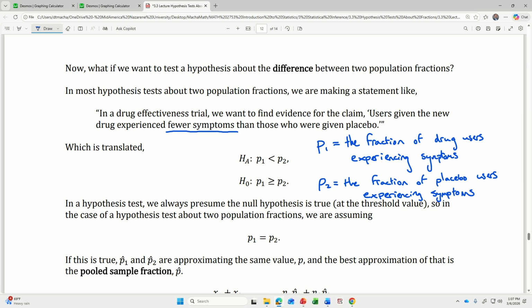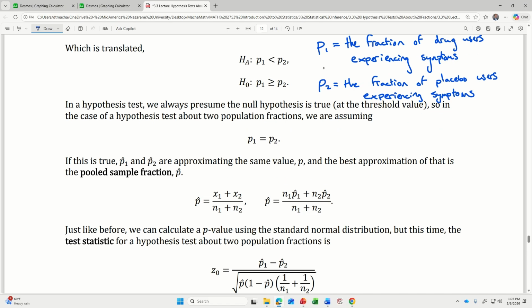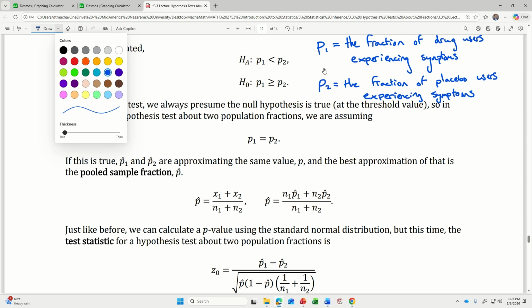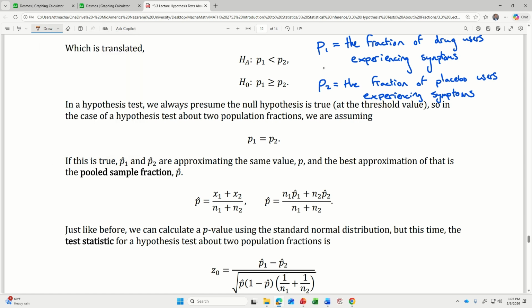This is what I mean about the difference between two population fractions. One population is the group that's going to be using this medication, and the other population is the group that's not using the medication, and we want to compare the two and see what the difference is. In a hypothesis test, we always presume that the null hypothesis is true at the threshold value. So in a hypothesis test about two fractions, we're assuming that they're actually equal to each other.